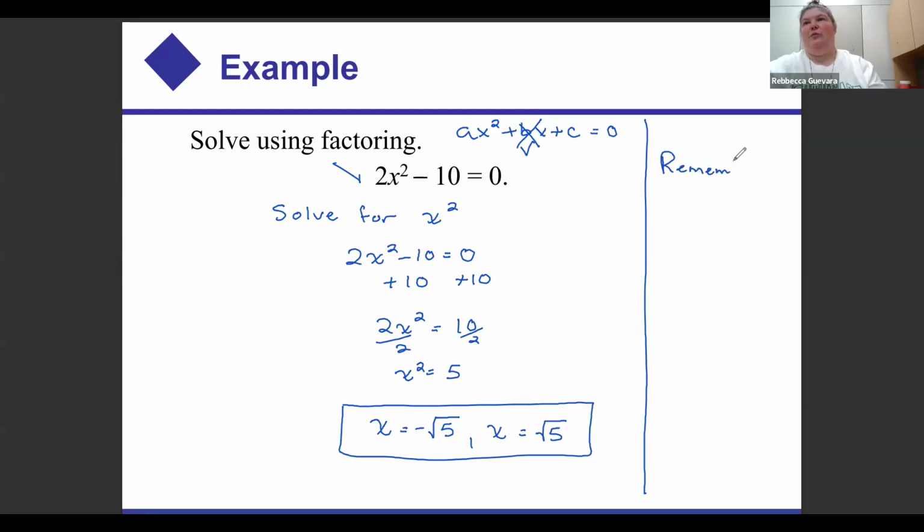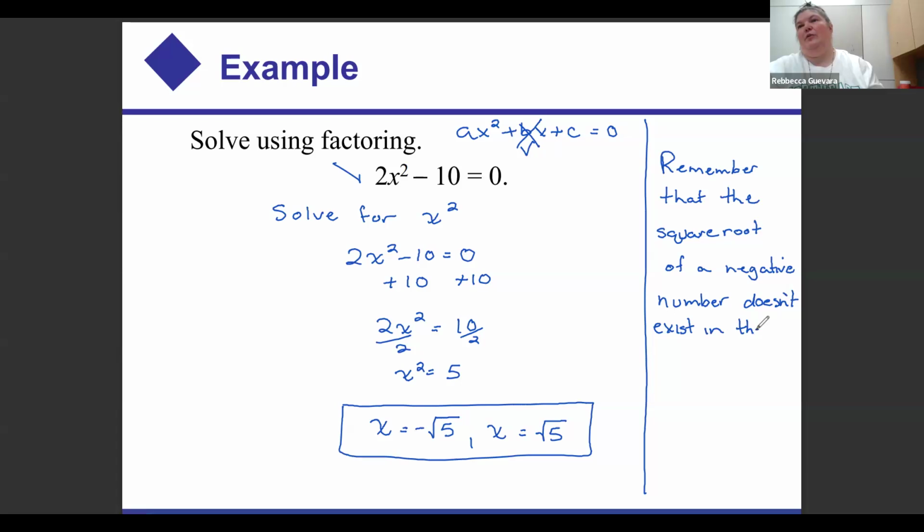So I had brought this up once before, I believe. Remember that the square root of a negative number doesn't exist in the real numbers.